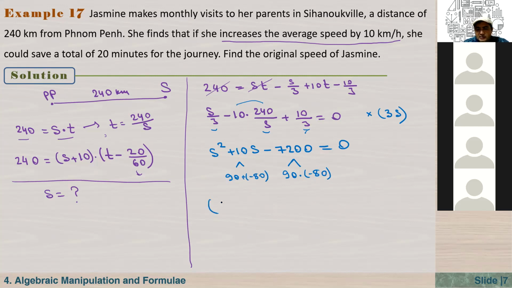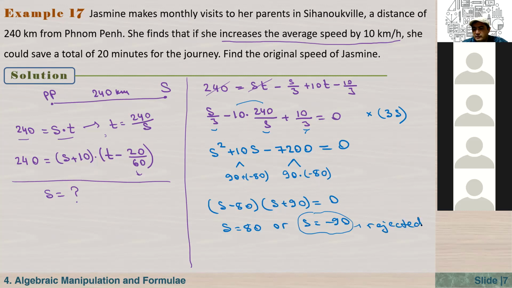So I can factorize it as S minus 80 times S plus 90, which is equal to 0. So S equals 80 or S equals negative 90. We know that speed is always positive because it is the absolute value of velocity, so this answer is rejected. Therefore, the original speed of Jasmine was 80 kilometers per hour.